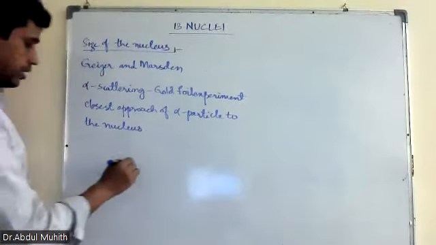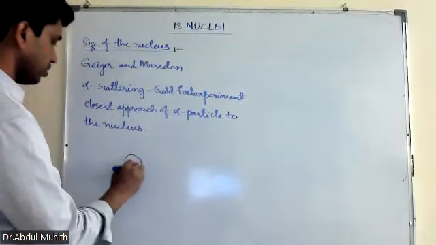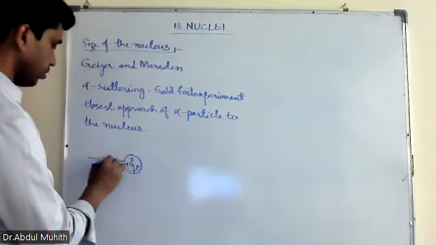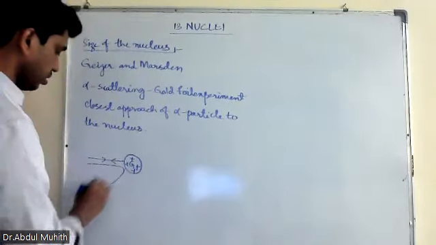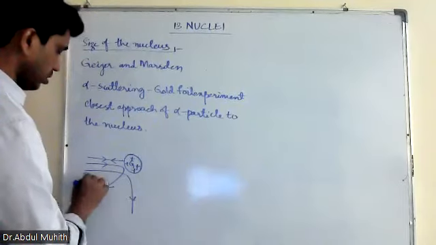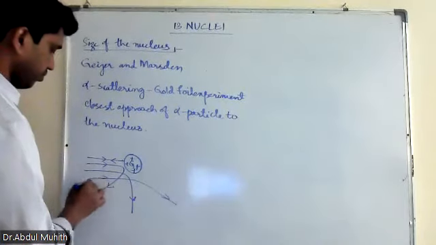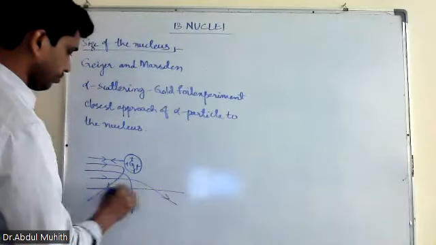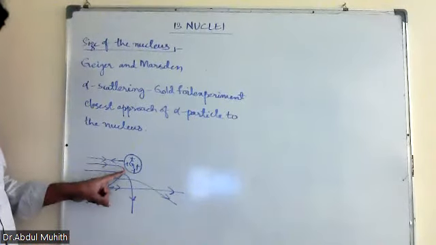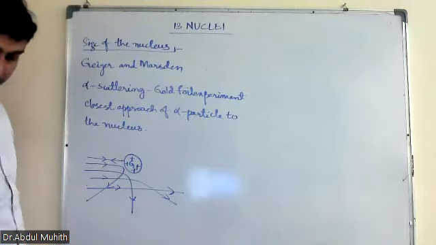What is the closest approach? Like you already studied this. Okay, this is the gold nucleus. So what happens? 1 in 10,000 will have a head-on collision. So this is the closest approach. You can see, they wanted to find out the closest approach.